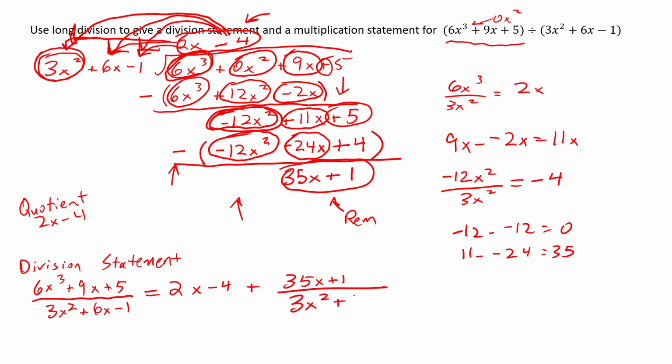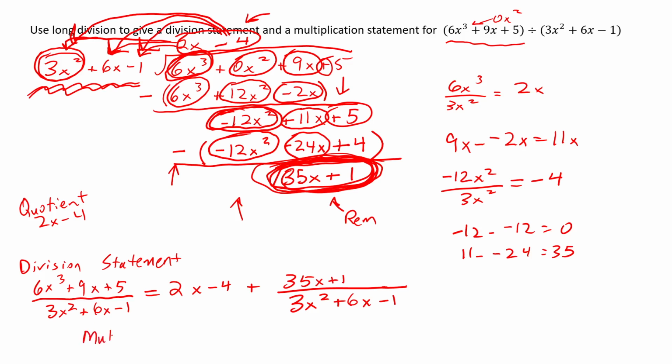Now, a question I sometimes get asked is, how do you know when you're at your remainder? The answer is, your remainder occurs when this expression has a lower degree than your divisor. As we left it off, we had a remainder of 35x plus 1, but we had a second degree divisor, so we knew we were done.